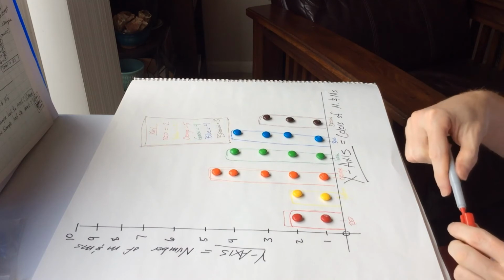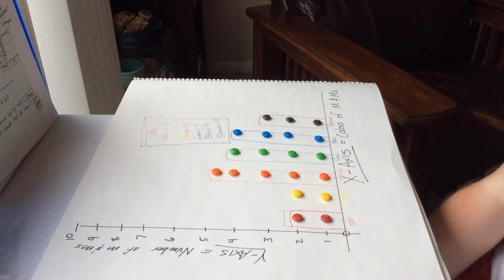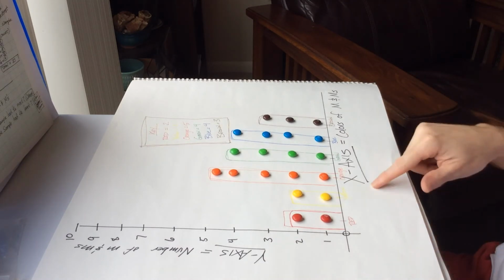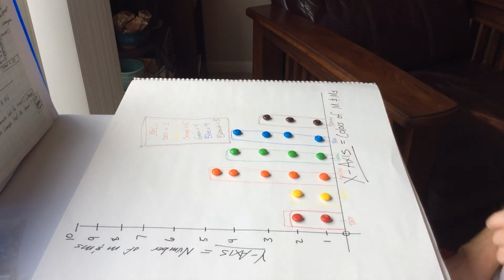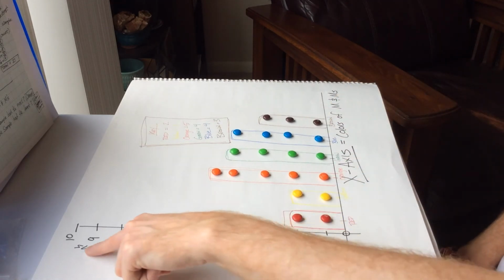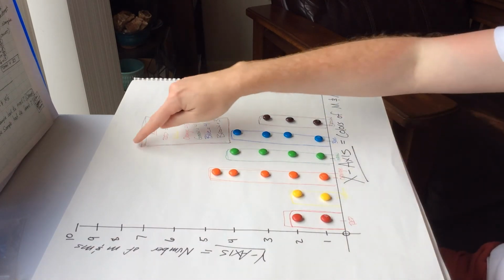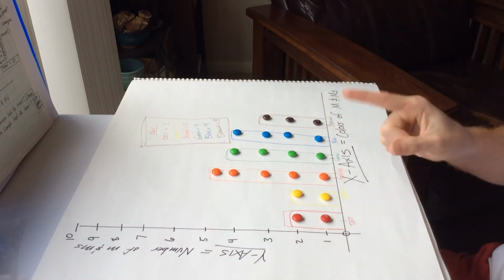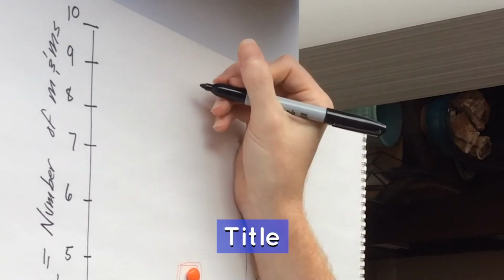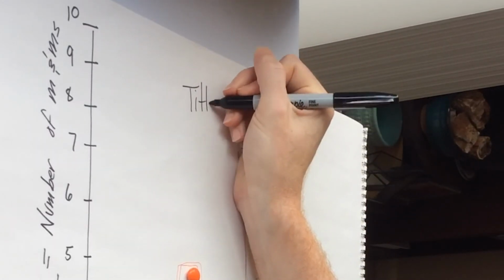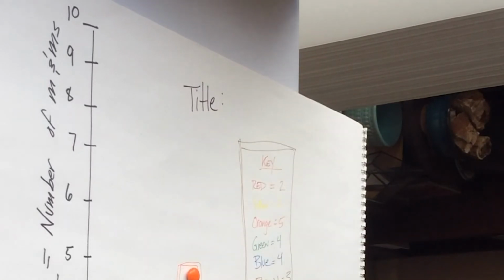And that is an example of a bar graph where you have your x-axis showing your colors of M&Ms, your y-axis showing your number of M&Ms, our key, but the one thing I have not added is our title, which is important.